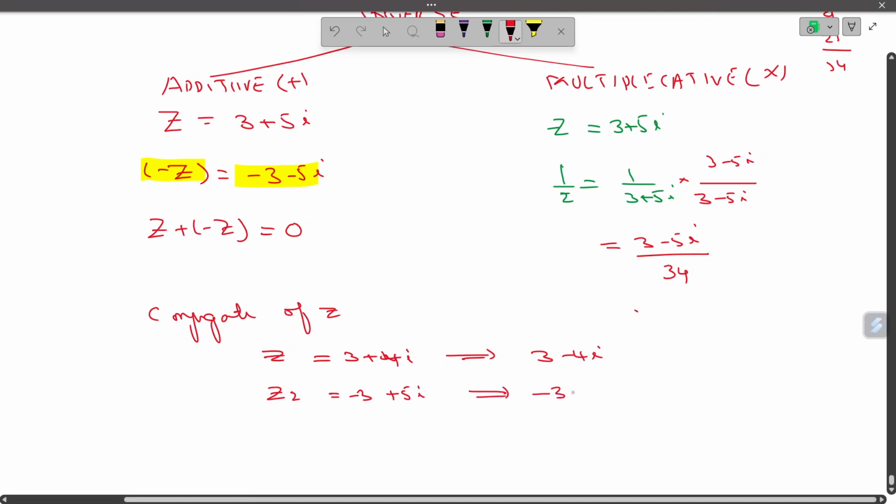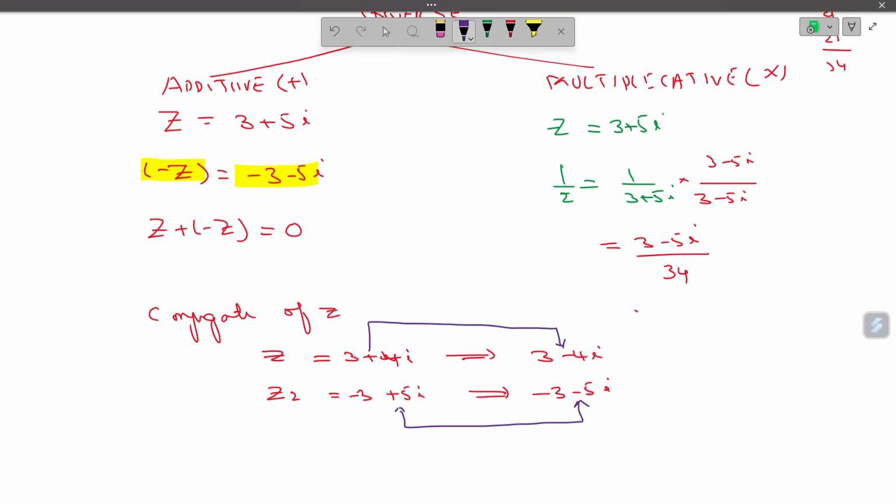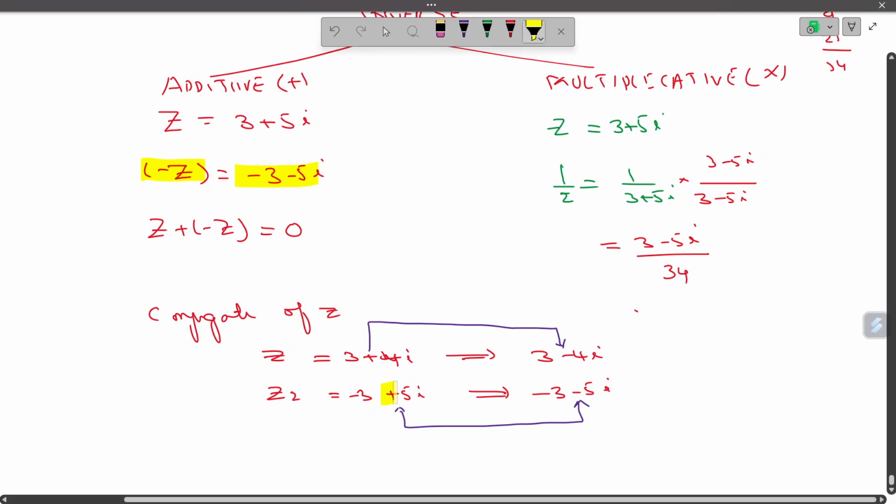Conjugate is, that means what we are doing here. There is a change only before the imaginary part. You are changing the sign before the imaginary part. Real part remains whatever is there, plus or minus, we don't care. Only the imaginary part will change the sign. Make a note, please, when you are doing the problems.